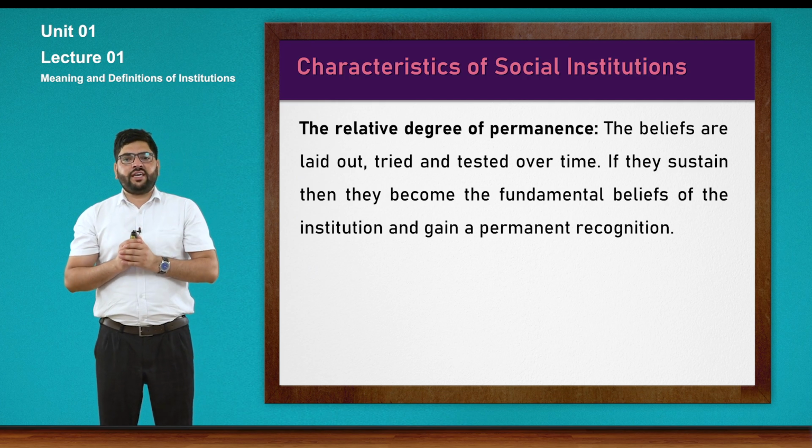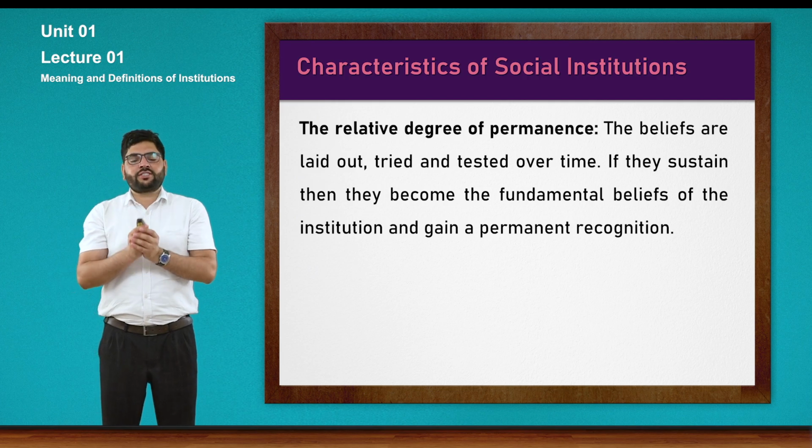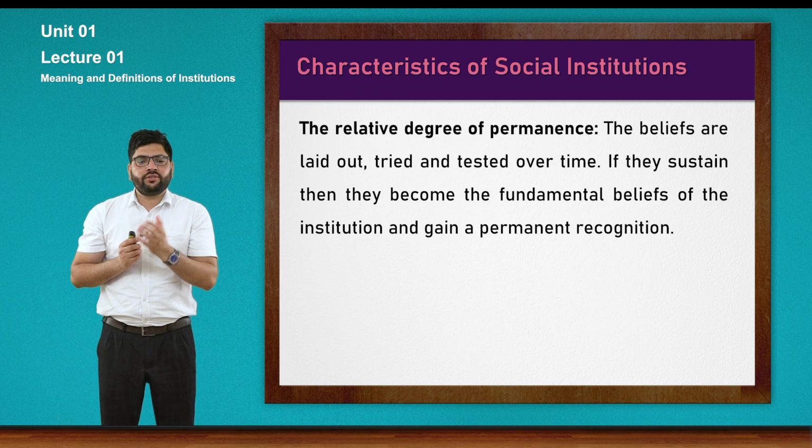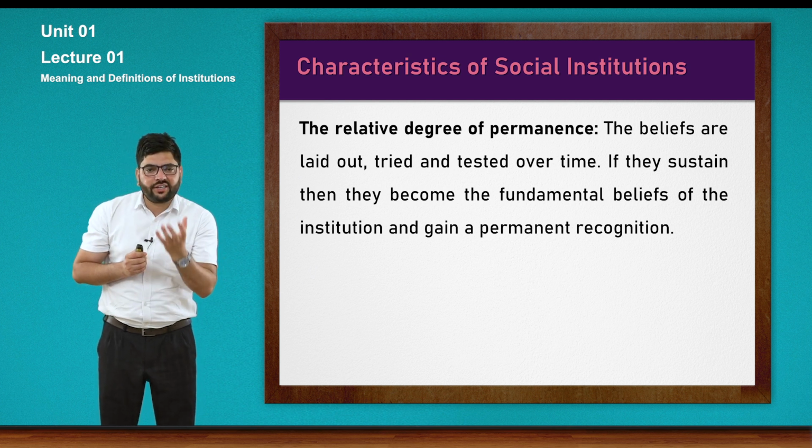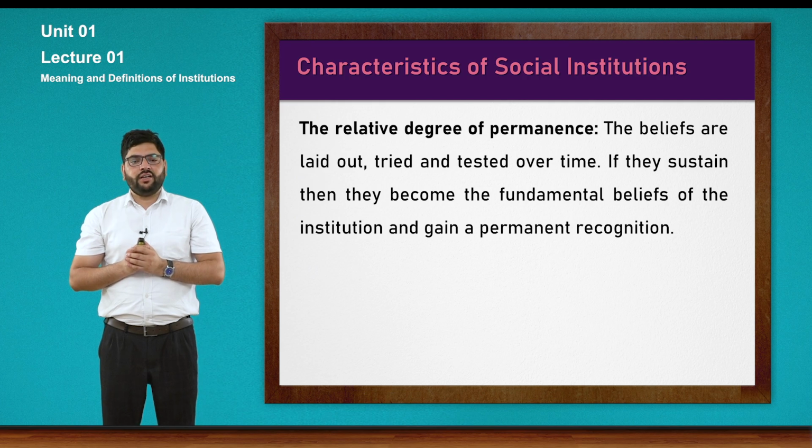So the beliefs within any society are laid out, they are tried, and thirdly, they are tested over time. That is the reason I am saying that a relative degree of permanence is there.